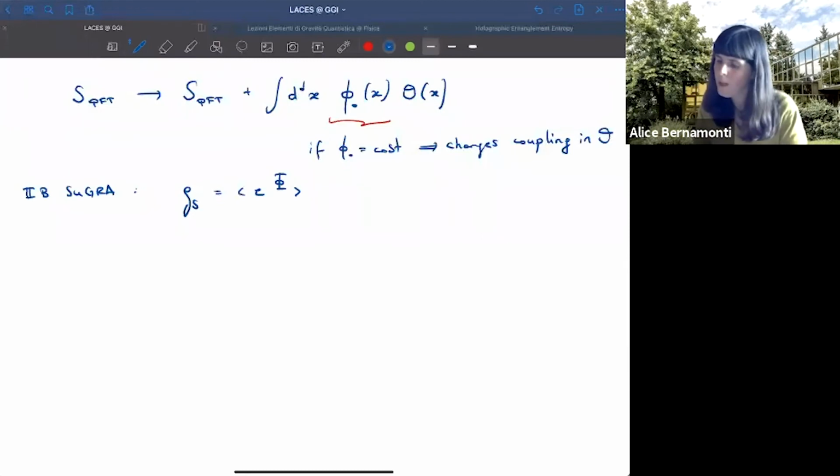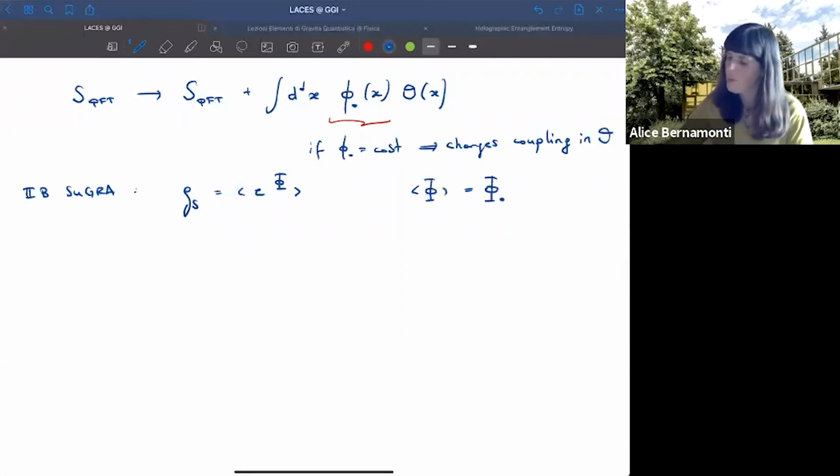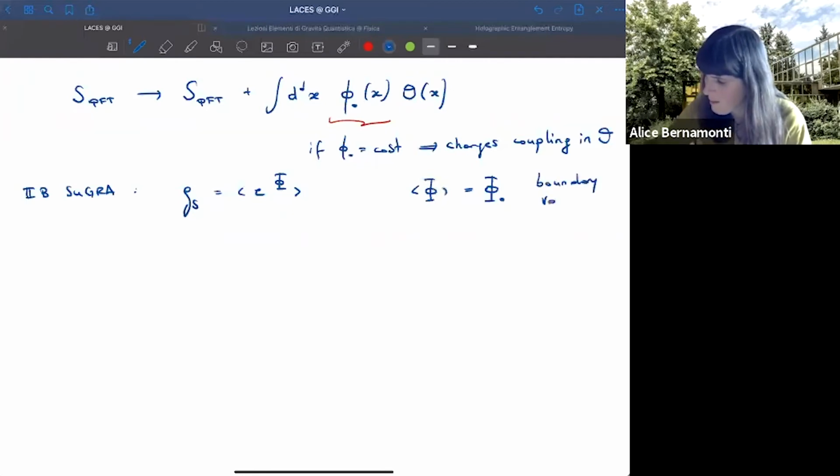In a spacetime with a boundary, such as anti-de Sitter space, it's natural to identify the expectation value of phi with phi naught, which is the boundary value of the field. That's because we can assume that the field doesn't fluctuate on the boundary, and thus this boundary value sets its expectation value.